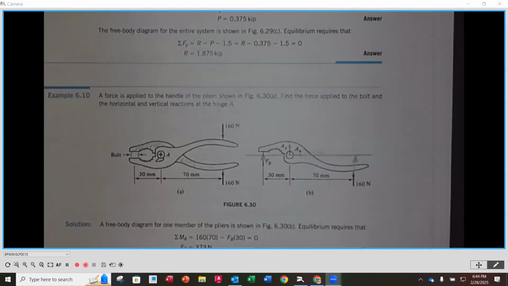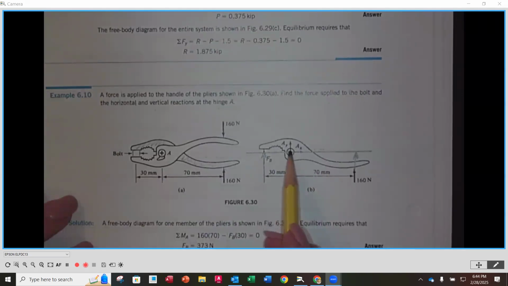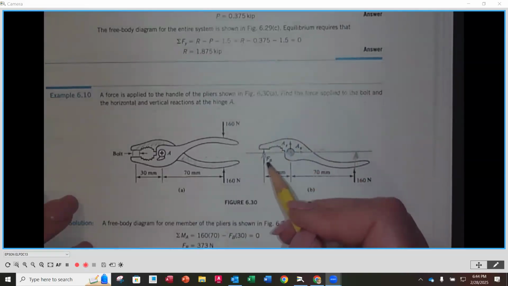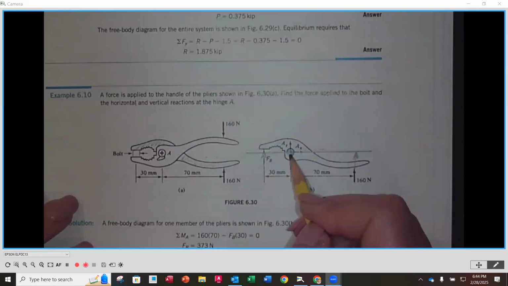So we're kind of taking it apart, if you would. If everything is supported just here at the pin connection, this is actually going to be a simple lever. So if we push up on one end, the other side is going to come down because it's pivoting around that hinge. Okay, so another simple machine application of physics.